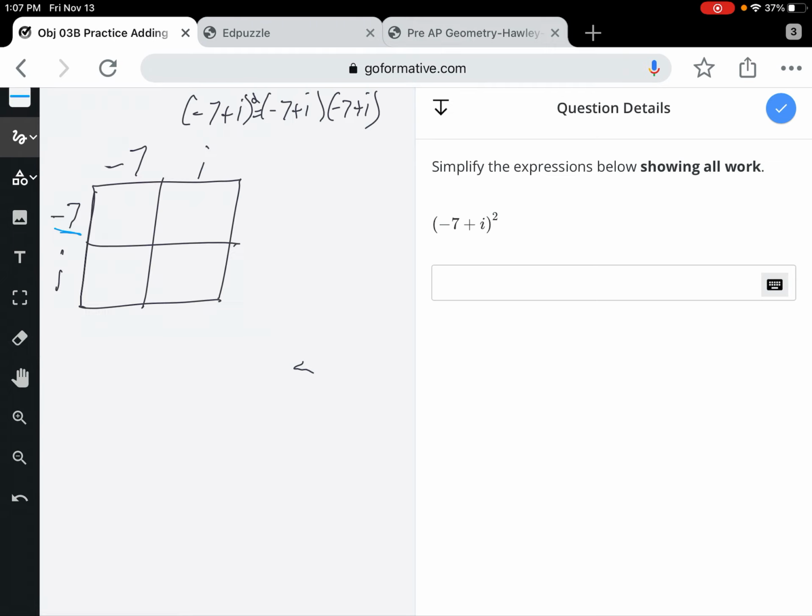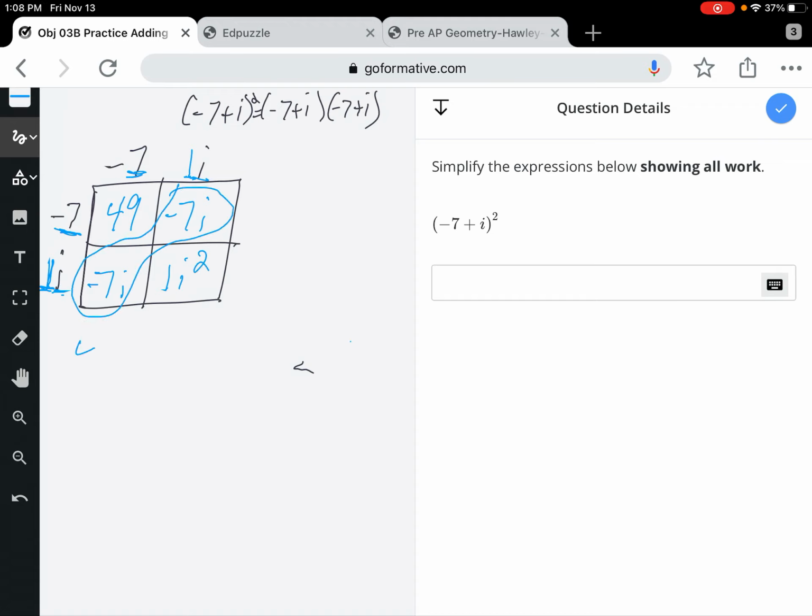So I multiply it out. Negative 7 times negative 7 is 49. Negative 7 times 1I is negative 7I. I'm going to put a 1 here. 1 times negative 7 is negative 7, and then I have an I. 1 times 1 is 1, and then I have I times I is I squared.